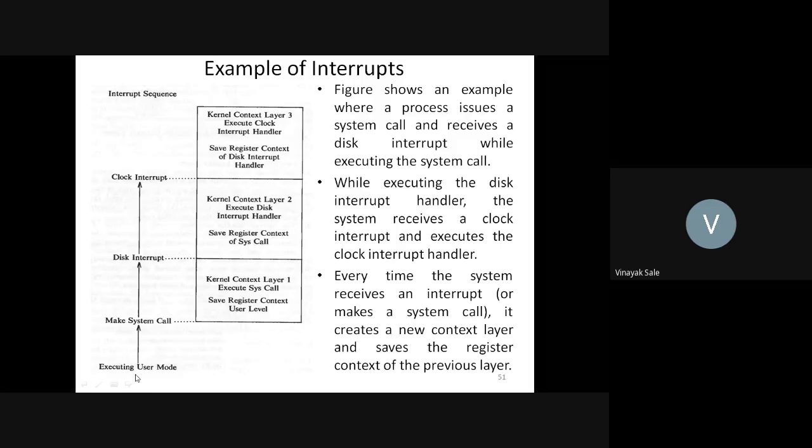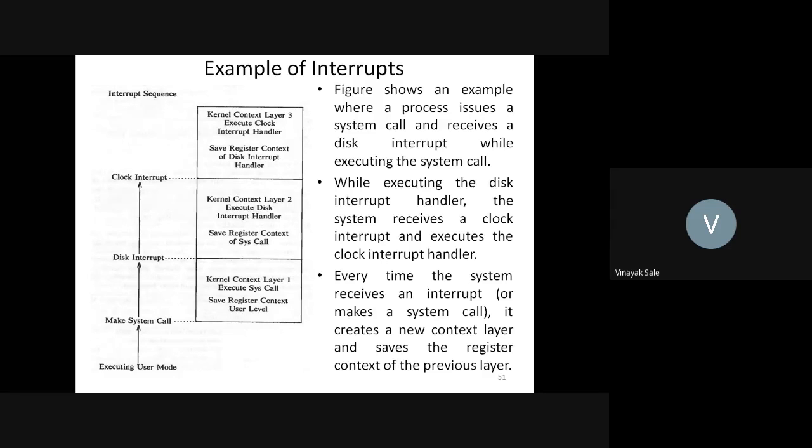So while executing in user mode, there are different types of interrupts. The system receives the disk interrupt and executes the disk interrupt handler, and the system receives the clock interrupt and executes the clock interrupt handler.